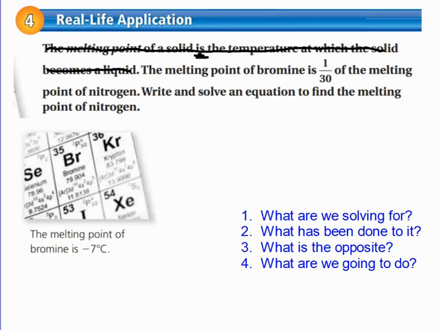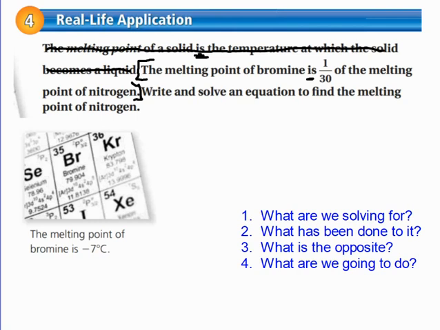So reading the next one, the melting point of bromine is, there's an is again, 1/3 of the melting point of nitrogen. So that's the sentence right there that we can change into a mathematical equation.